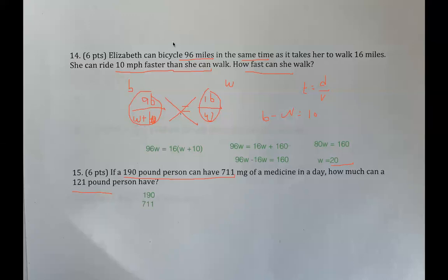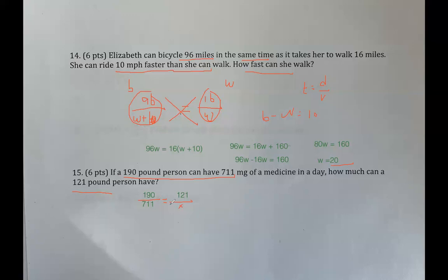Okay, so we have this ratio, and that equals, so 190 pounds can have 711 milligrams of the medicine. So now what about for a 121 pounds person? We need to find out, let's call this X.